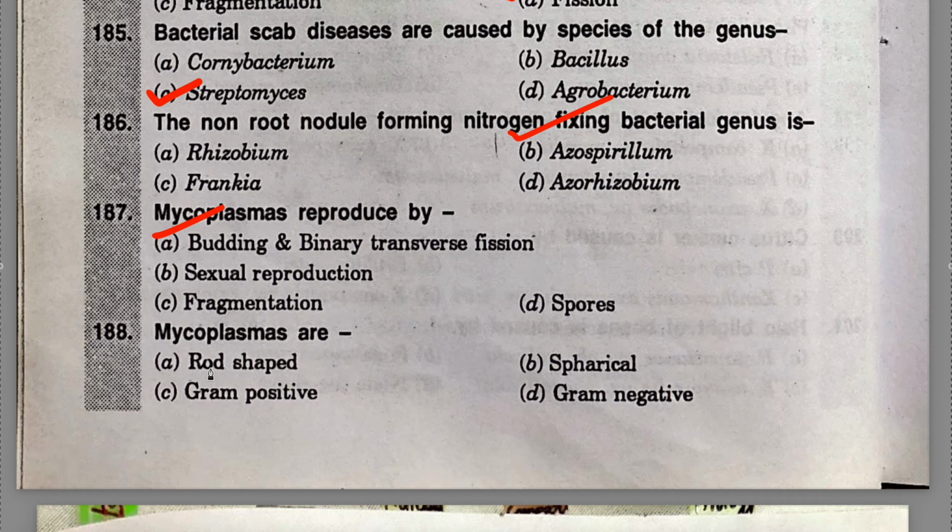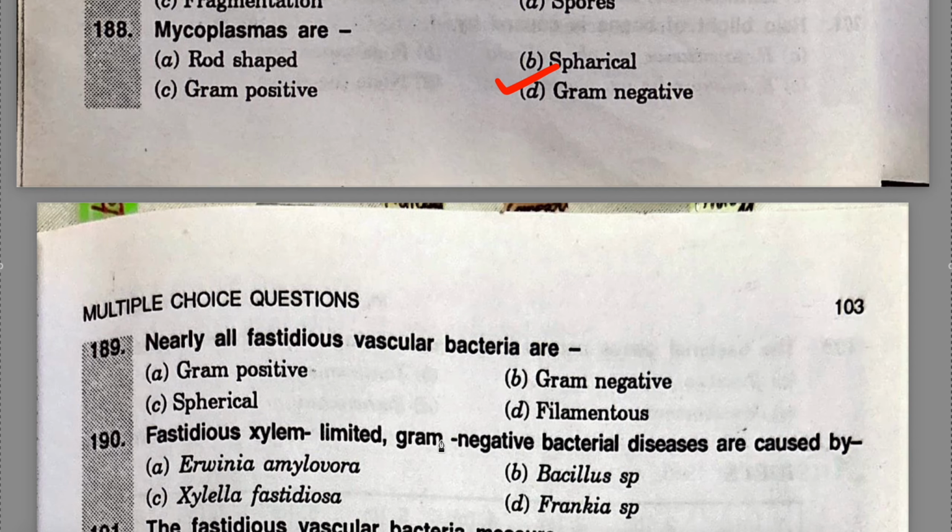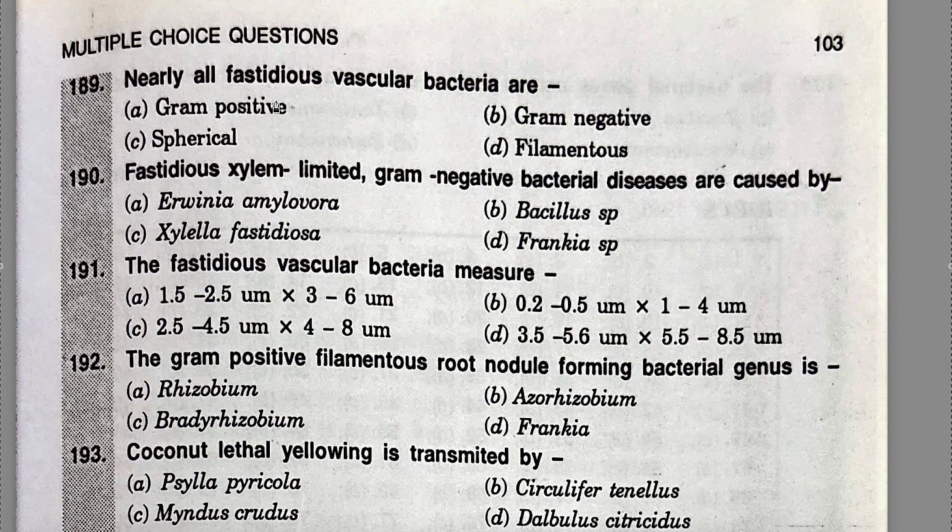188. Mycoplasma are rod-shaped, spherical, gram-positive, or gram-negative. They are gram-negative. 189. Nearly all fastidious vascular bacteria are gram-positive, gram-negative, spherical, or filamentous.